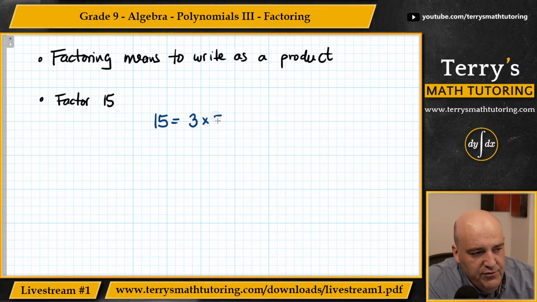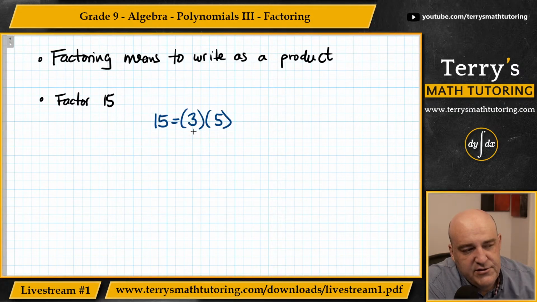Now, maybe we're used to writing 3 times 5 using the x for multiply, but usually at this level of math, we stop using the x. And it's maybe better to write a dot. Or even better, write brackets. So there's a factorization of 15. It's written as a product of two other things.